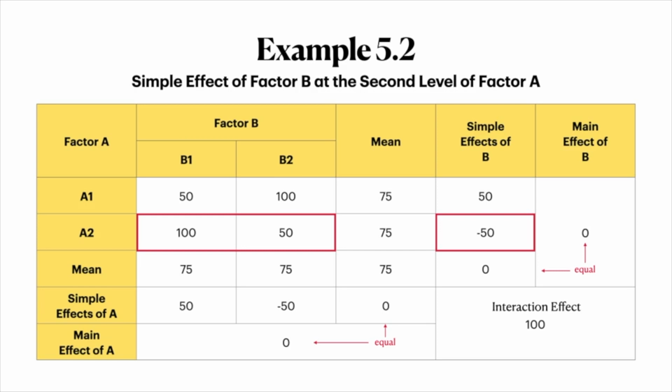And this example was constructed in such a way that the impact of factor B at the different levels of factor A offsets each other, and so that's why we get a main effect of B of 0, and the same thing for factor A. All right, the impact of factor A, depending upon which level of factor B we're looking at, they offset each other, and so that gives us a main effect for A of 0.